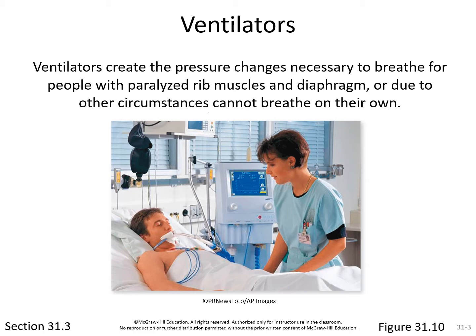Under normal circumstances, you can generate the pressure changes necessary for inhalation by using your diaphragm and your intercostals, and if necessary, some other muscles. But if you can't generate enough force to drop the pressure in your thoracic cavity enough for air to come in, you've got to have a ventilator which forces air into your chest.